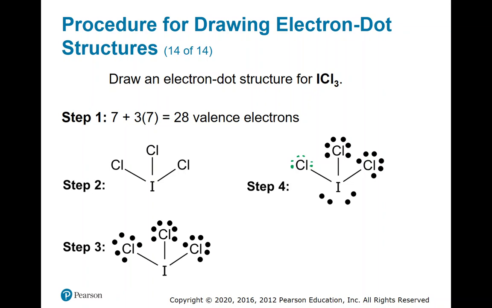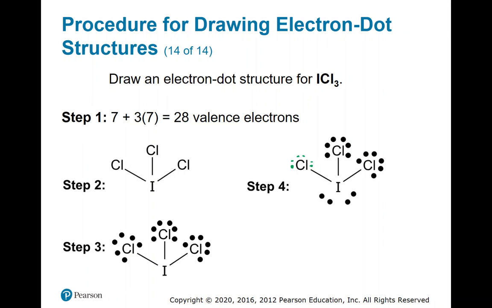Step 5 is to check on the central atom, which is iodine, make sure it has at least 8 electrons around it. And iodine has 3 single bonds to chlorine, so that's 3 bonding pairs, and then we put 2 lone pairs on it as well. So that's a total of 5 pairs of electrons around iodine, so 10, which is actually more than 8.